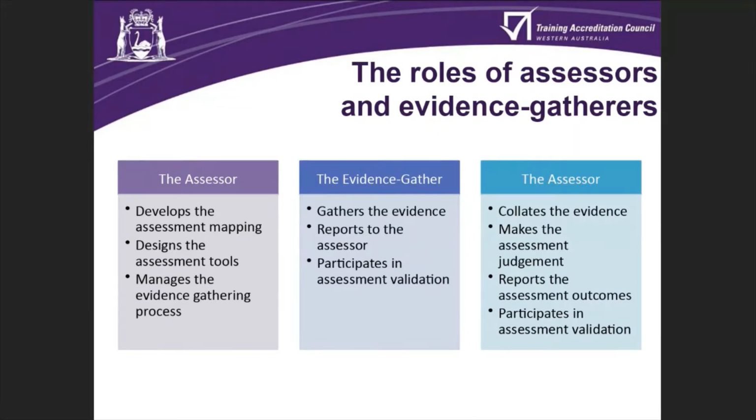But in our policies and procedures, we might also allow for another kind of person, an evidence gatherer. We sometimes call them third-party evidence gatherers, but I beg you not to call them third-party assessors because they're not assessing. They are simply gathering evidence. And we need to make sure our policies and procedures accommodate that kind of role.